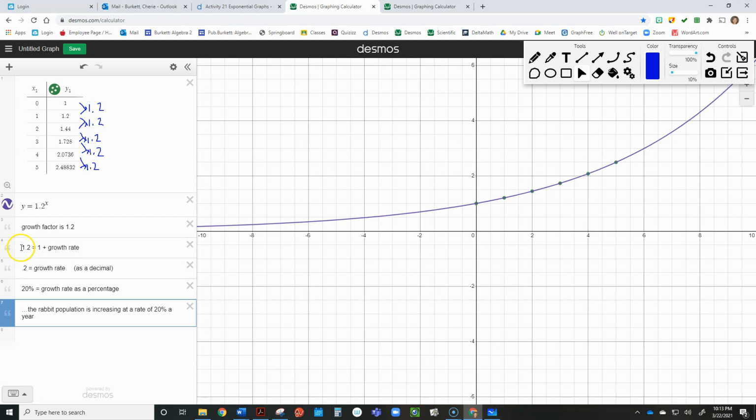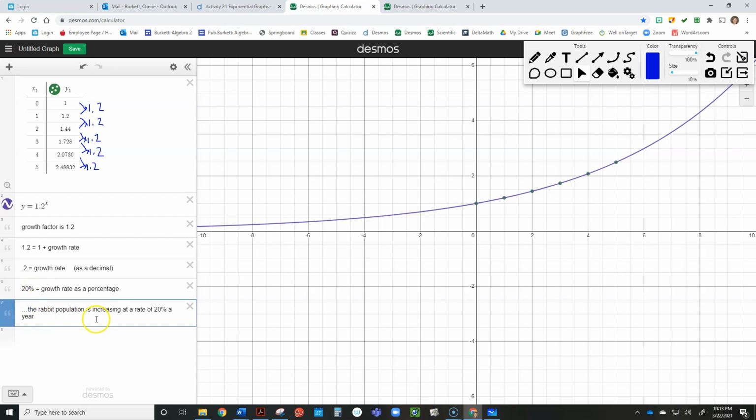Just subtract 1 from both sides, and you find out that the growth rate is 0.2. That's written as a decimal. So take that 0.2, change it to a percentage by moving the decimal 2 places, and this problem would have a 20% growth rate. And that's just the 0.2 written as a decimal.